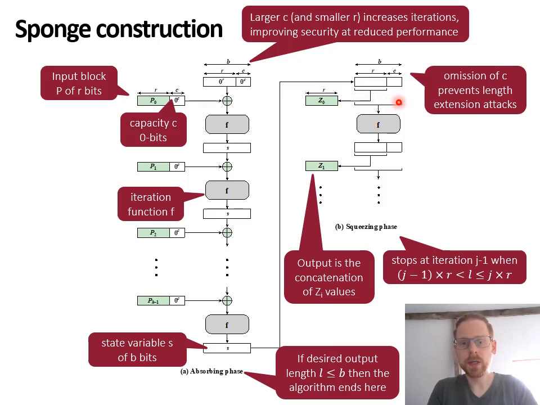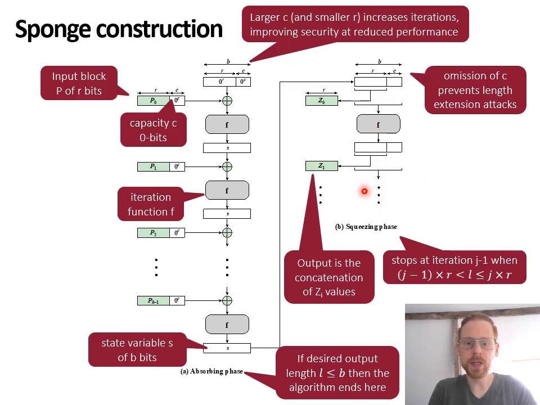Then we take the complete state S of B bits and give that as input to the iteration function f. This is the same iteration function as used in the absorbing phase. The first R bits of that output are used as the next output block Z1.